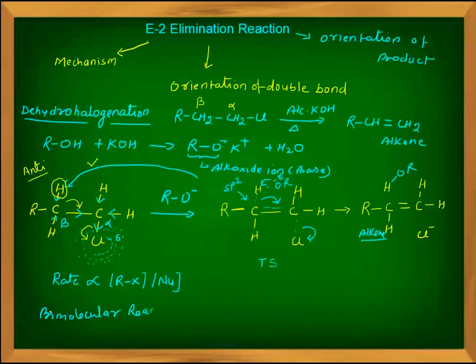That's why it is represented by E2 elimination: E for elimination, 2 means bimolecular. And because a base is used in the reaction, this reaction is favored by a strong base and polar aprotic solvent. So this is the complete mechanism of E2 elimination.